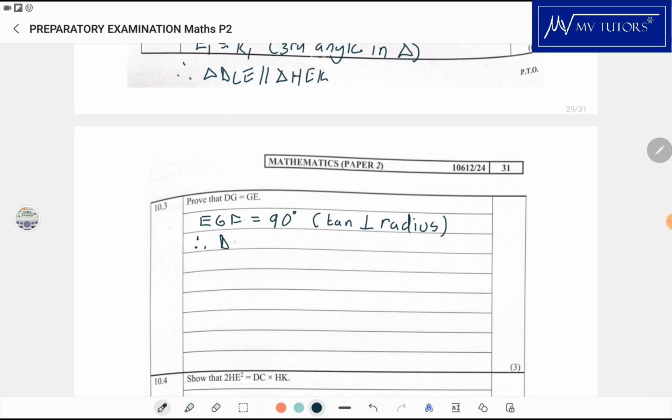That means that DG is equal to GE, and this we spoke about: the line from the center is always going to be perpendicular to the chord.